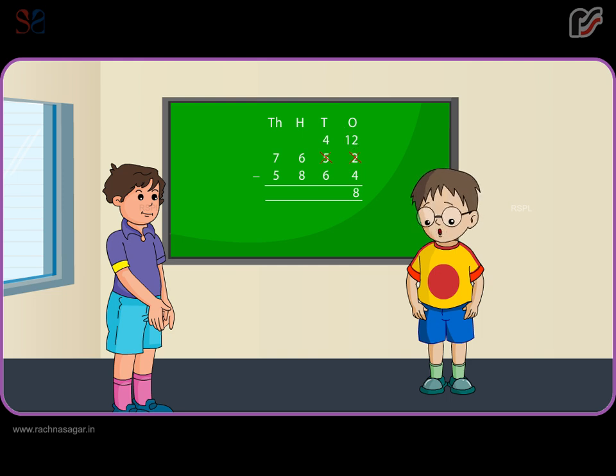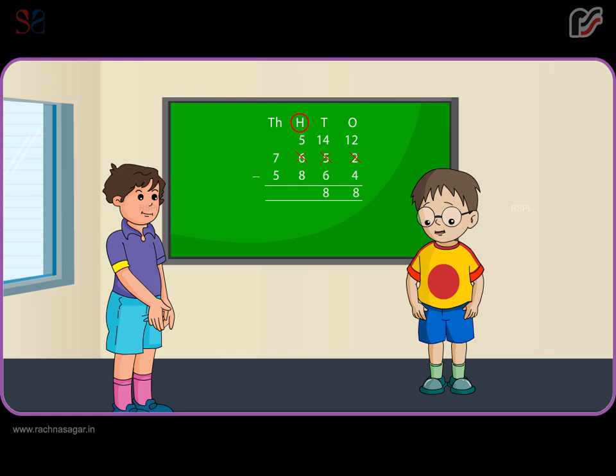Subtract the tens. We are left with 4 tens and we cannot subtract 6 tens from 4 tens. So, borrow 100. 100 plus 4 tens is equal to 14 tens. 14 minus 6 is equal to 8 tens. Write 8 under tens column.